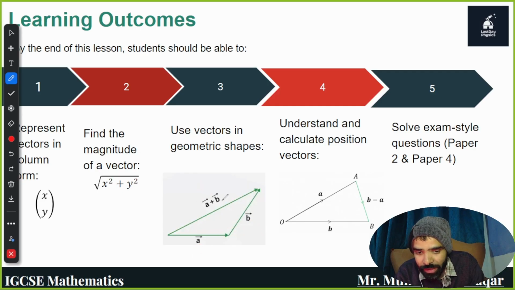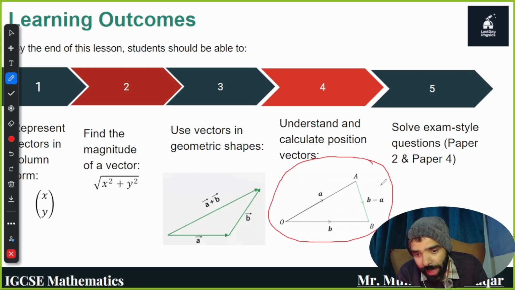Now similarly, if we consider this triangle and we find what should be the vector AB, we have to check which two vectors are drawn in such a way that the head and tail are touching. So OA vector, which is small a, and AB vector are drawn in such a way that their head and tail are touching at this point.